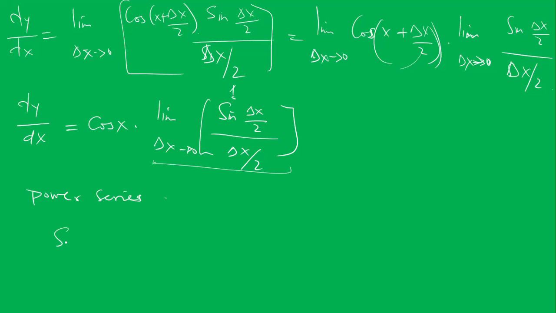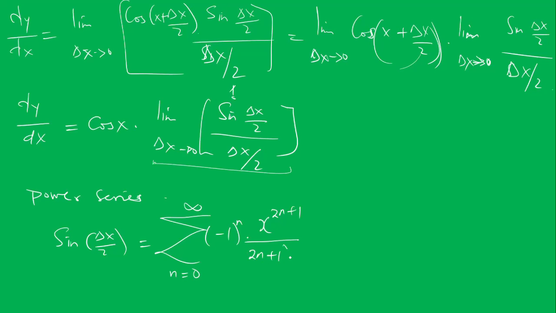The power series of the sine function: we have sine of delta x all over 2, which is just like the sine function of this, using the summation from n equal to 0 to infinity of minus 1 raised to power n times x raised to power 2n plus 1 divided by (2n plus 1) factorial.